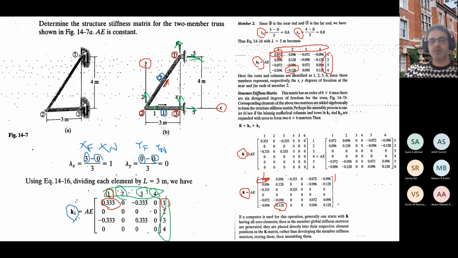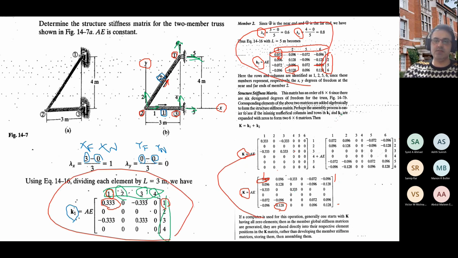With this approach, if you put all the numbers from this matrix and this matrix into the right places in this matrix, you will get the whole structure stiffness matrix, which is a 6 by 6 matrix. This is really the most important part in solving a problem with stiffness matrix analysis.